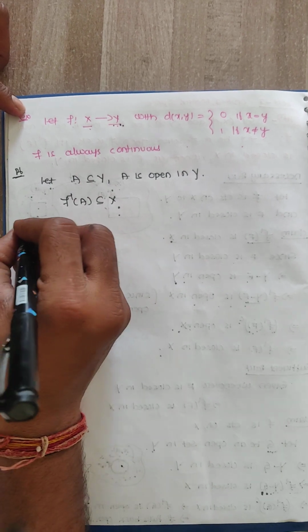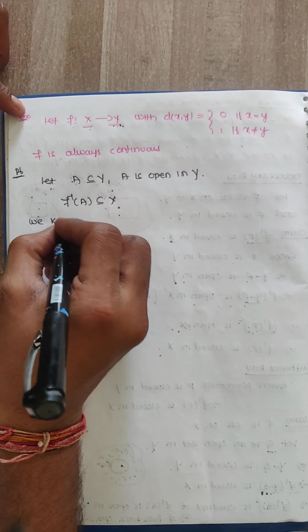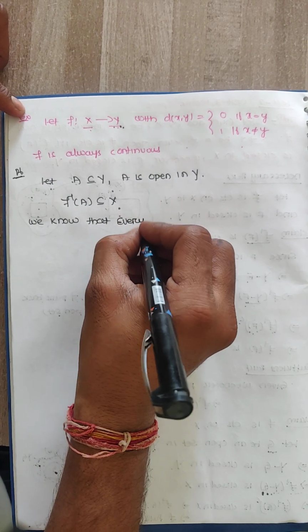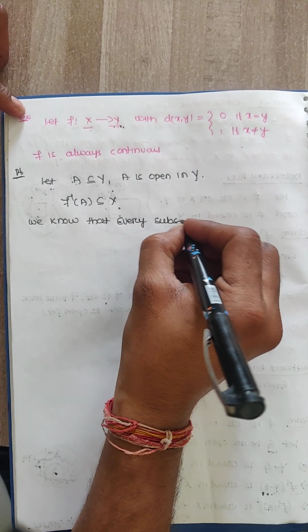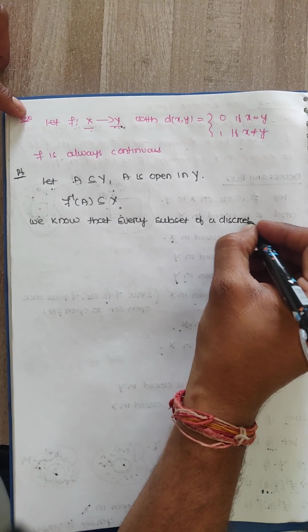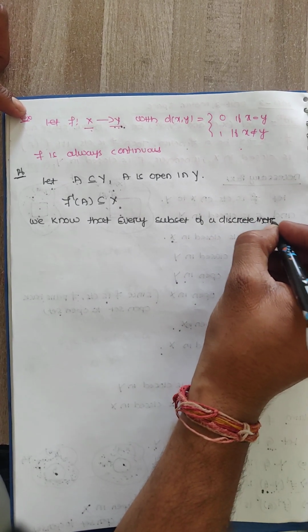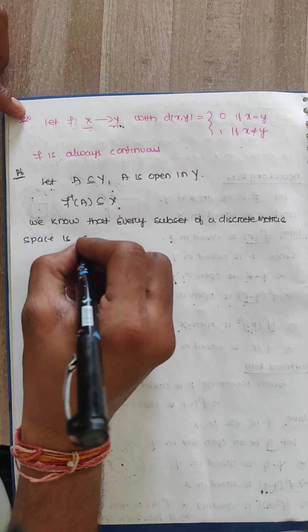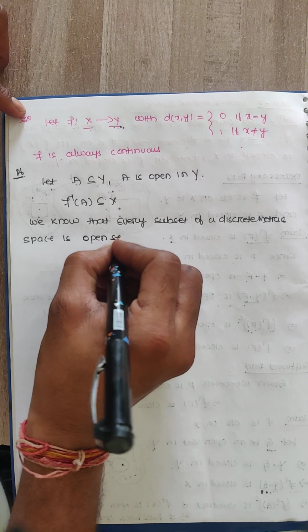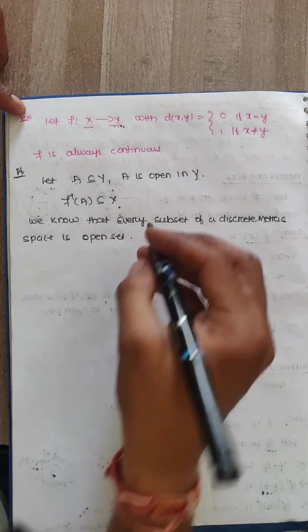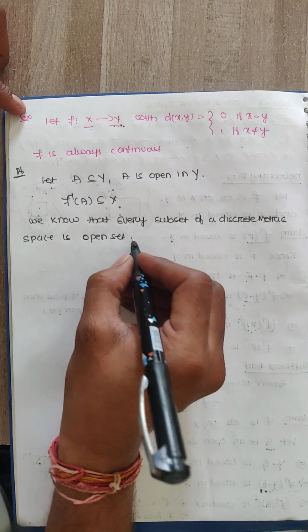Now we know that every subset of a discrete metric space is an open set, open as well as closed. Now, since I need an open set, I am taking the open set. We know that every subset of a discrete metric space is an open set.